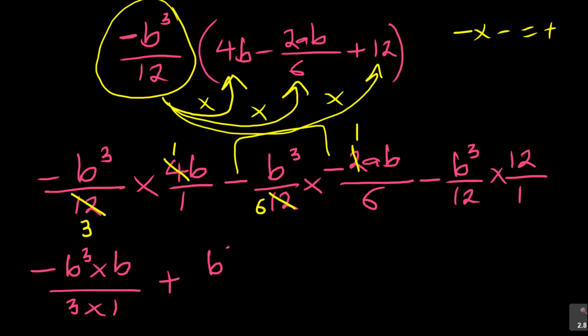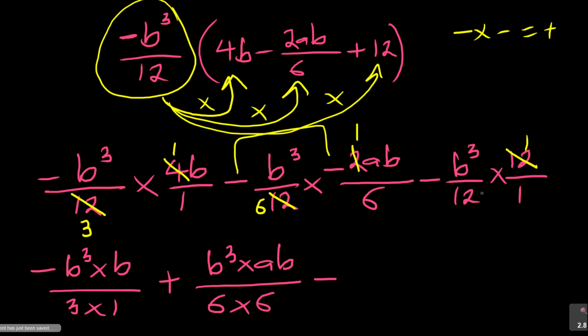Plus b cubed times ab over 6 times 6. And then minus, since it's only minus here. You do the same thing. This time, the 12 goes into 12 once. So at the bottom there is 1 times 1, which is minus b cubed times 1 over 1 times 1.